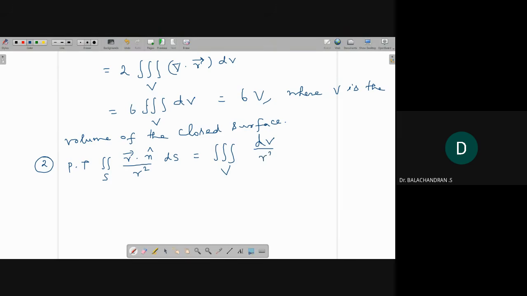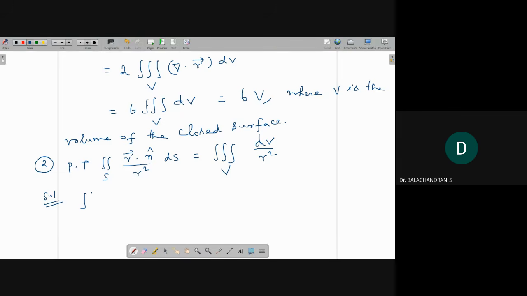Here it is not mentioned that we should use the divergence theorem. But if you look at the left hand side, it is a double integral over S of F vector dot n cap into dS, where F vector is r vector by r square. So you should use Gauss divergence theorem here.